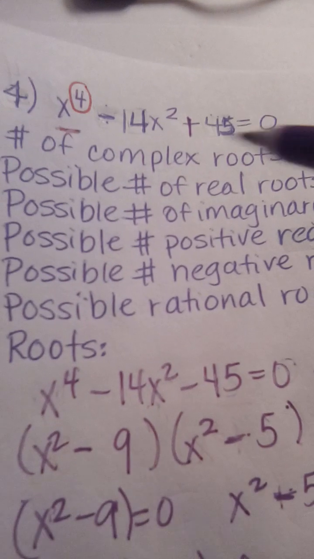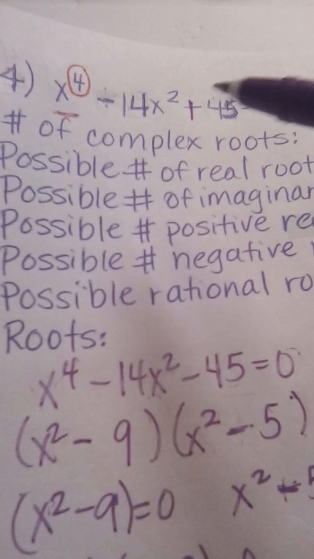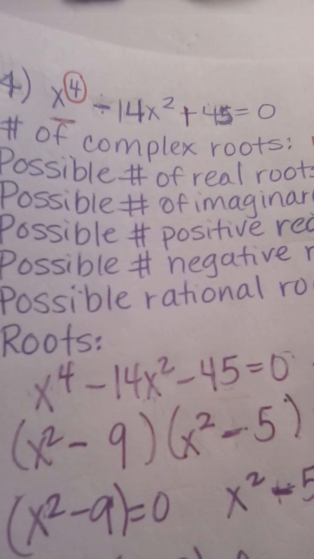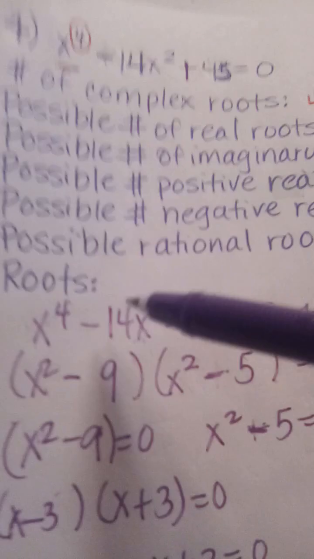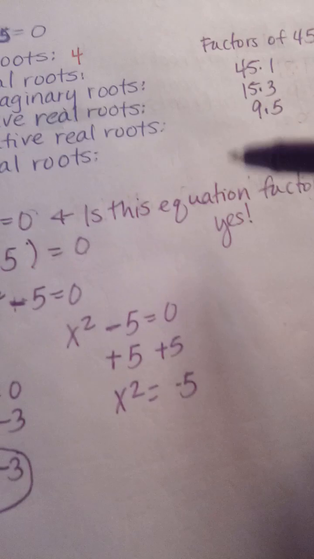All right. And the rest, 2 through 5, we can do by observation and factoring, okay? Let's go down here. I move down: is this equation factorable? In this case, yes. And we did the first part.